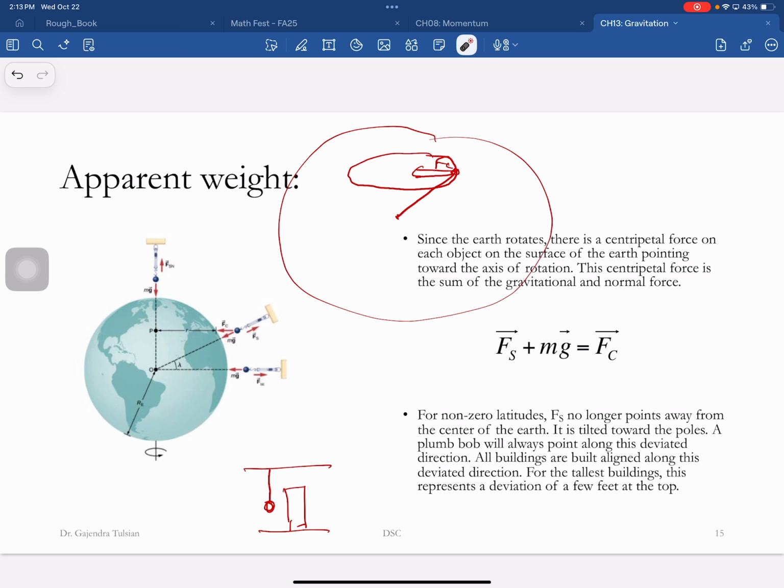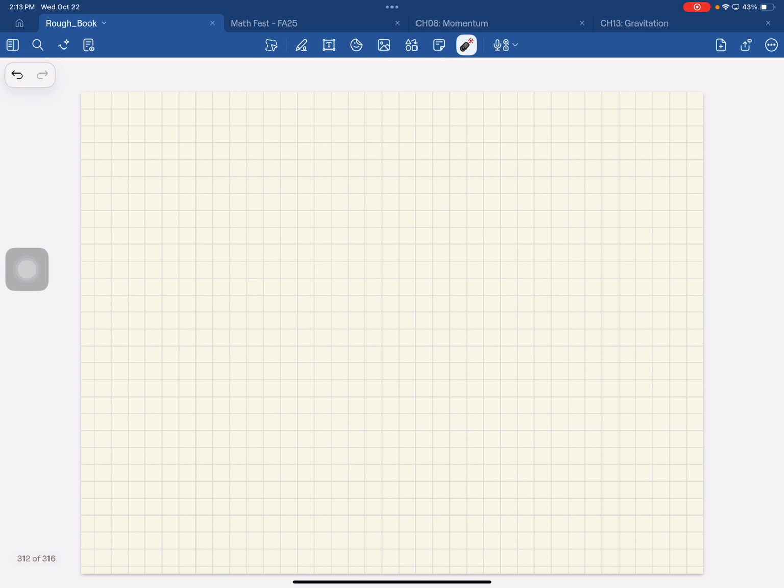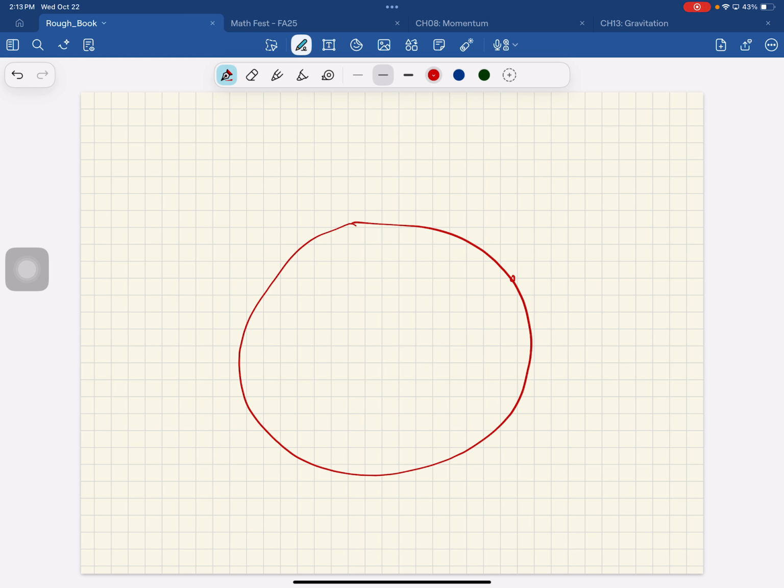This is kind of hard to draw, so let me use another. Here is New York, here's the object. The force of gravity is in this direction. And the plumb bob will be at an angle like this, such that the force of the plumb bob is in this direction.